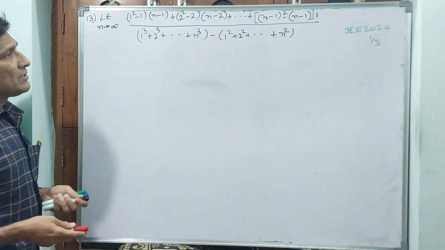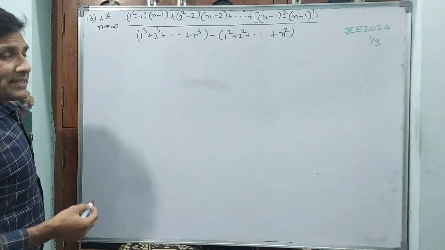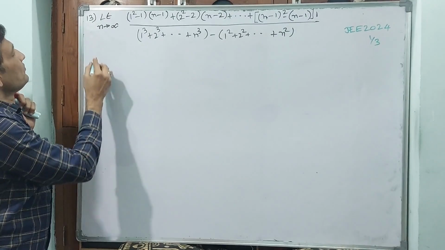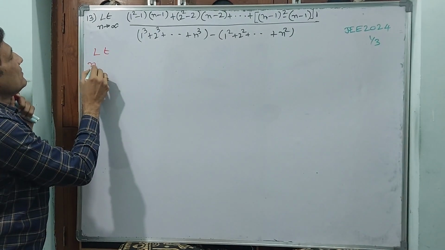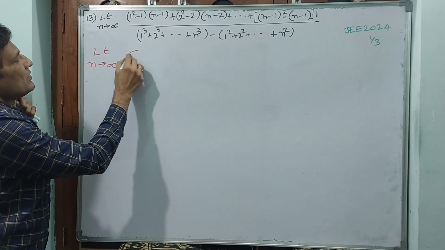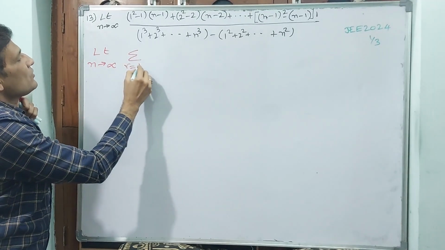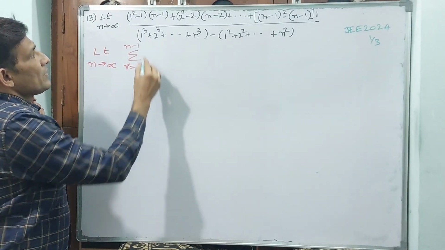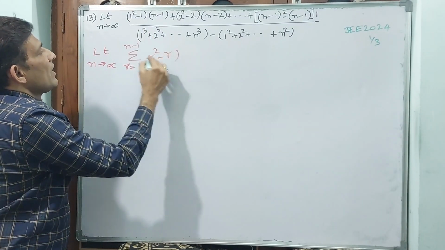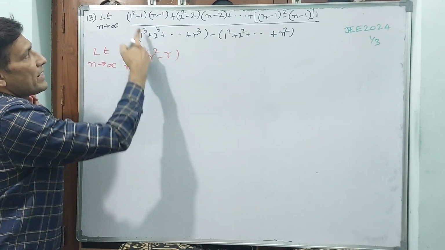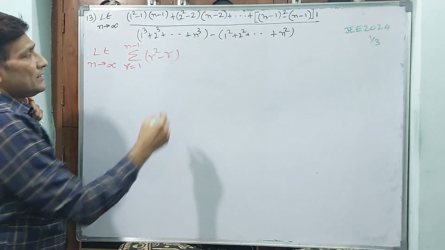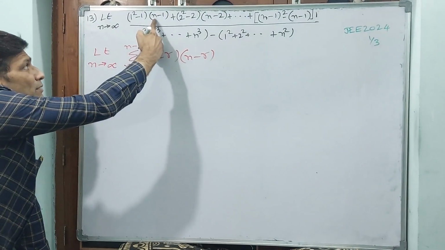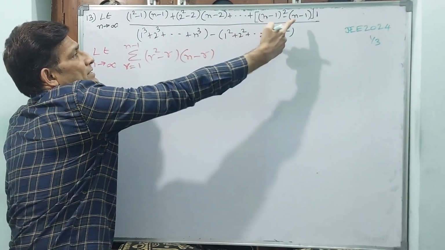First of all, to solve this, we have to write this in sigma form. See how I am writing this sigma, how I am modifying this. Limit n tends to infinity, sigma r is equal to 1 to n minus 1, r square minus r, 1 square minus 1, 2 square minus 2, like that, n minus r, n minus 1, n minus 2, n minus 3, like that.